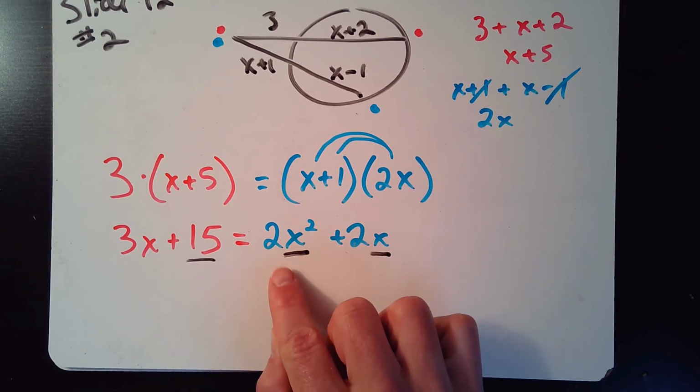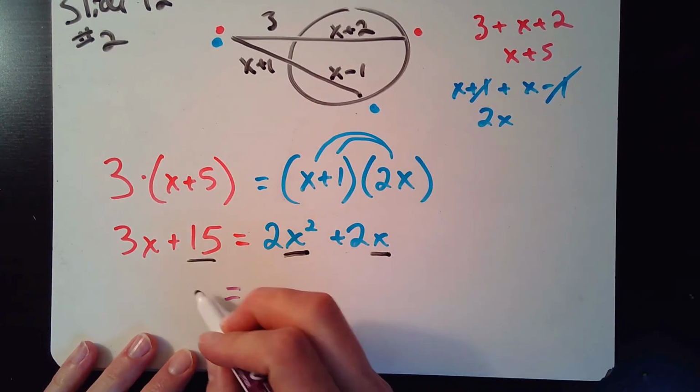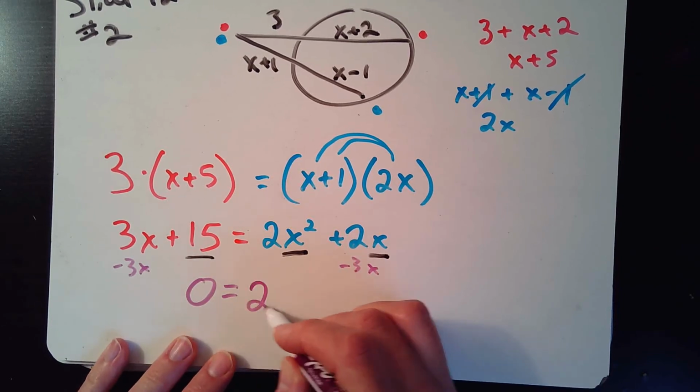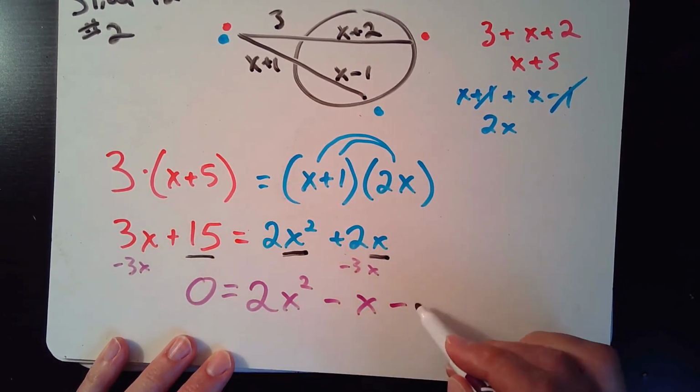It's positive on the right side, so I'm going to move everything to the right side, which would be subtract 15 over and subtract 3x. Again, combining like terms, I'm going to have 2x squared minus x minus 15.